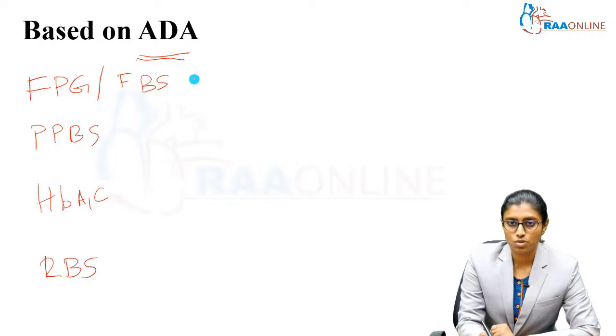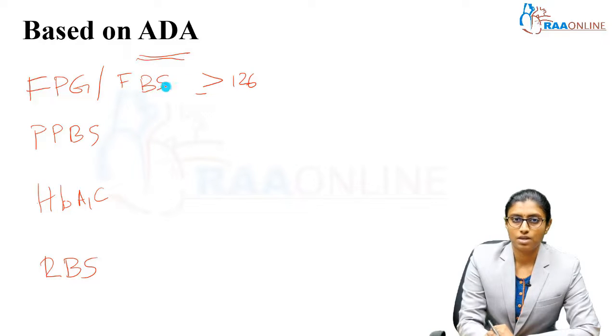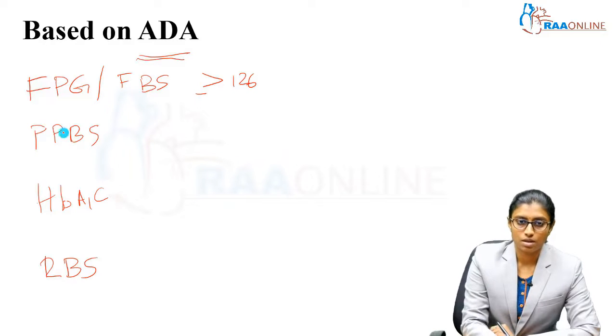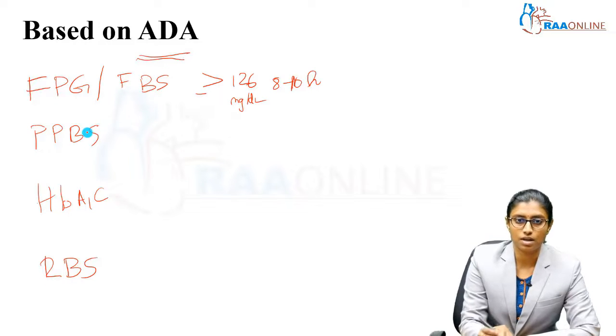If a patient comes to us with a fasting blood sugar of more than or equal to 126 mg per deciliter, we can consider them as a diabetic. This should be after 8 to 10 hours of fasting, that is why we do a fasting blood sugar after an overnight fast. If they have a blood glucose of more than or equal to 126 mg per deciliter, we can think that they are diabetic and decide to start treatment for them.